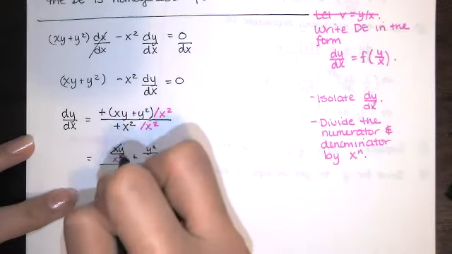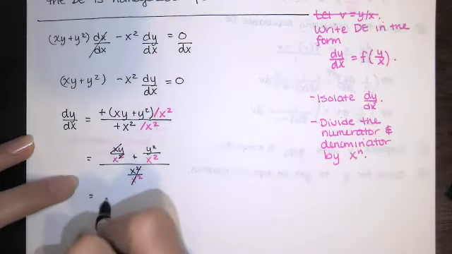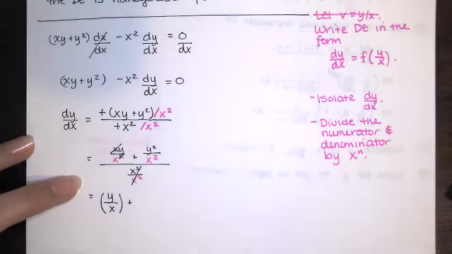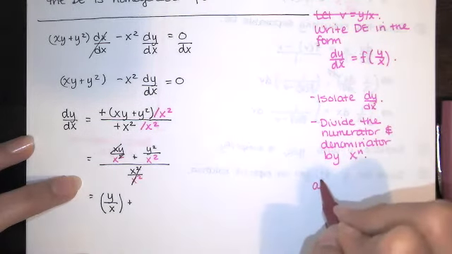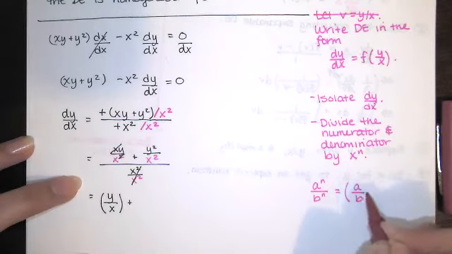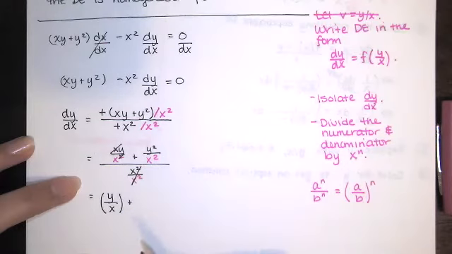And one of those x's will reduce with that x there, so we'll have a y over x here. And then y squared over x squared. Remember this rule? That's the same as (a over b) raised to the n. So y squared over x squared is actually (y over x) squared.